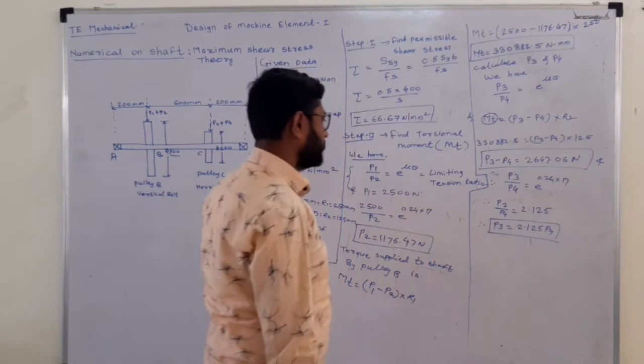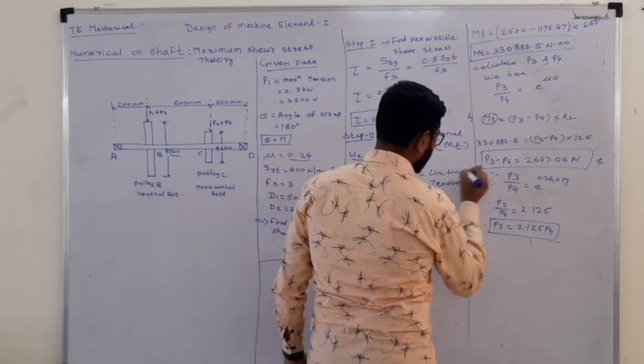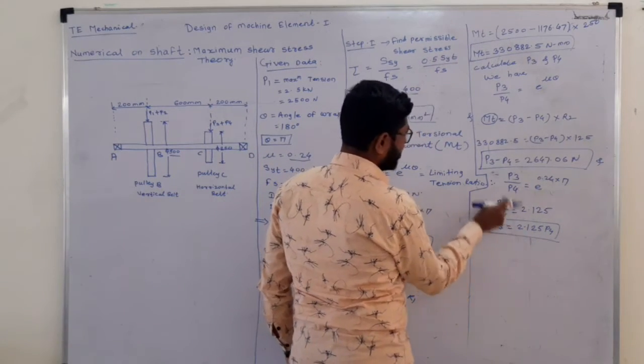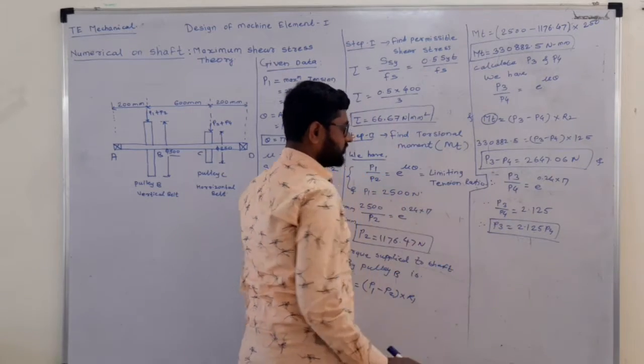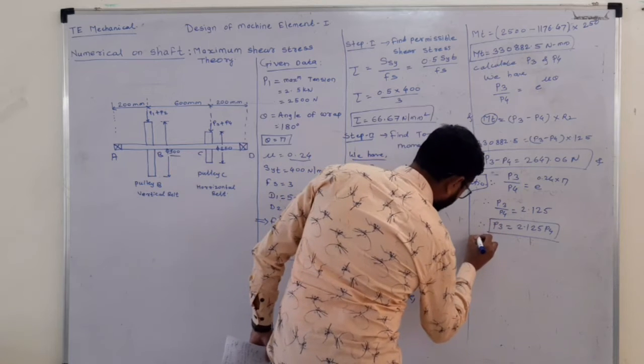Here we develop two equations because here two unknowns are there. So by solving these two equations we will get the answer for P3 and P4.